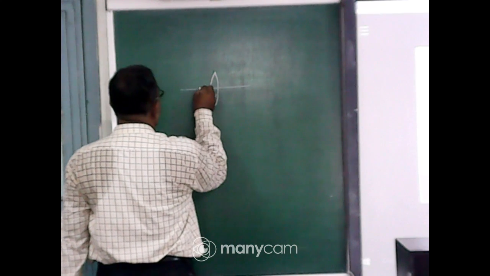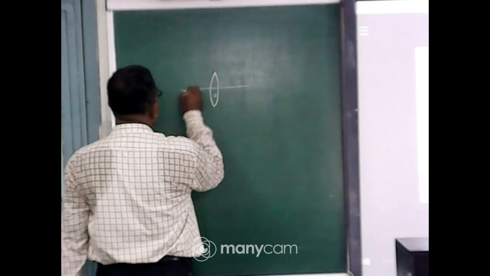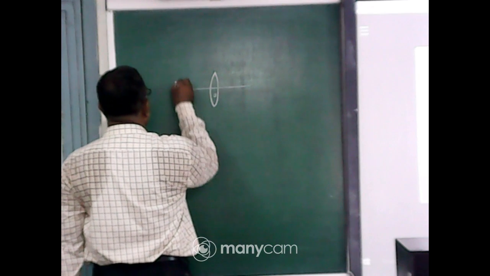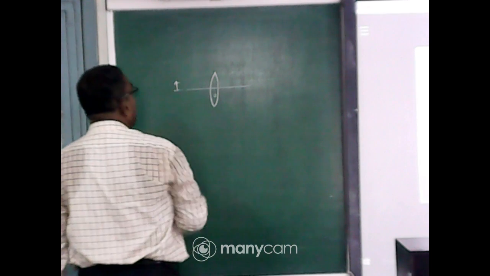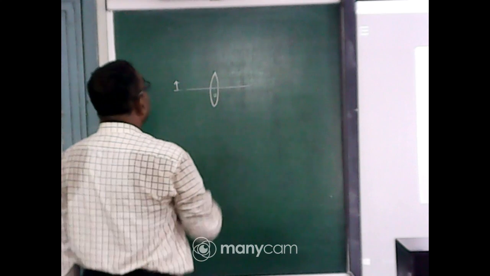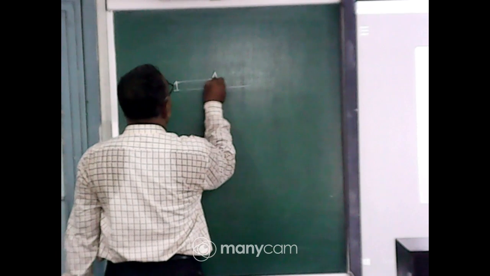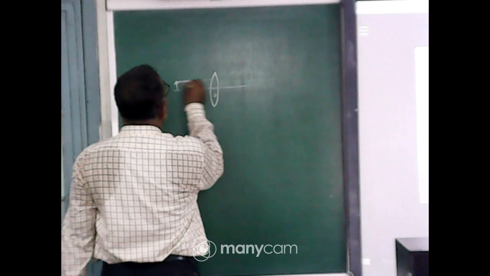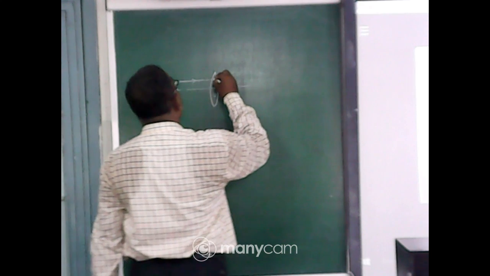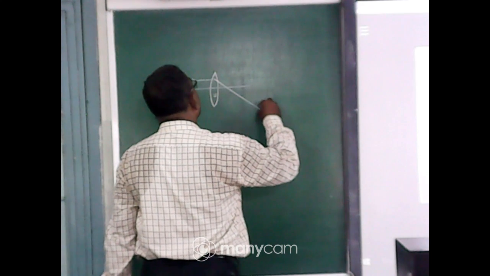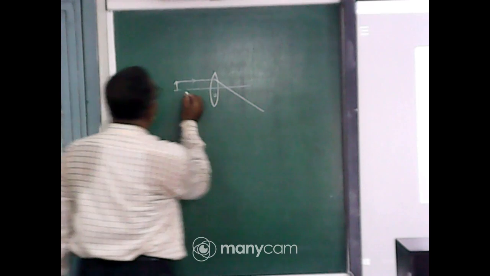If this is the F, that is the C, if the object is placed beyond the C, image will be formed in between C and F.